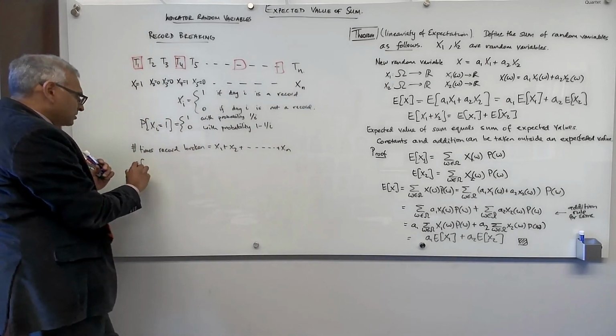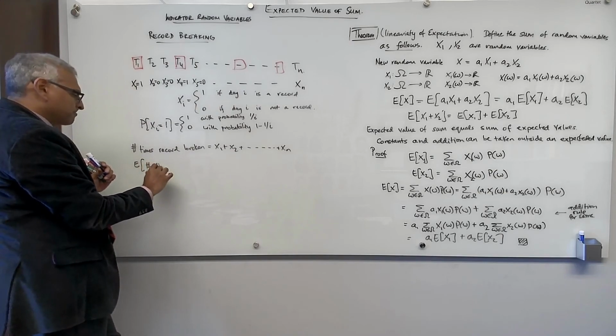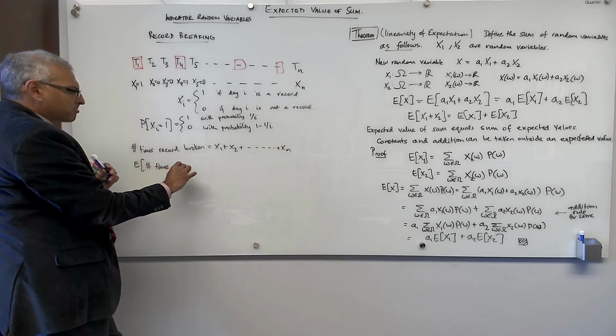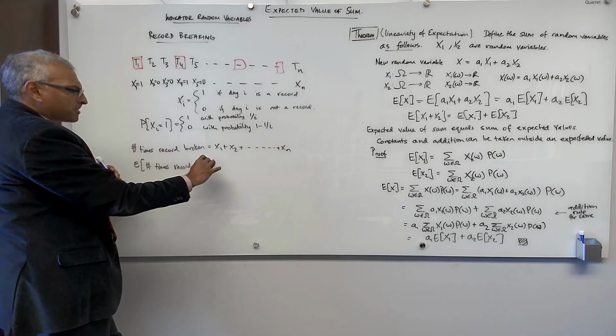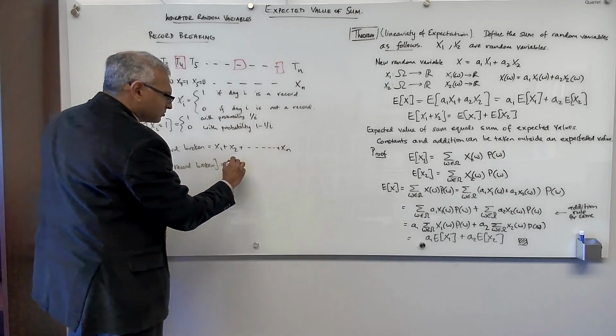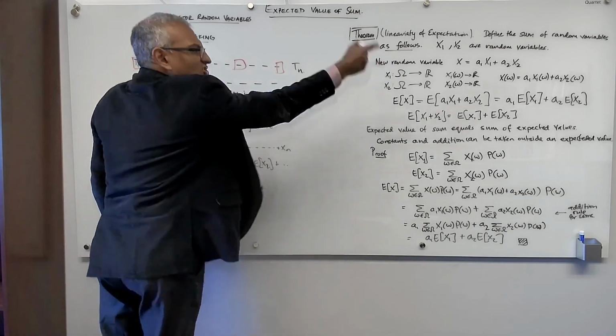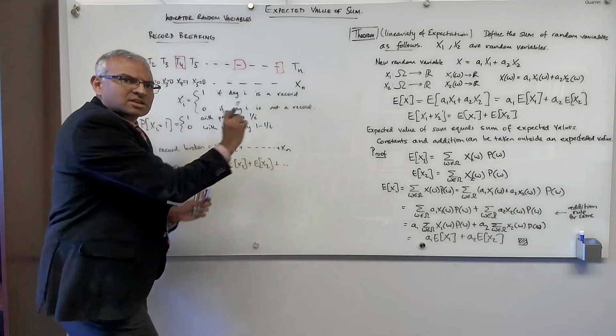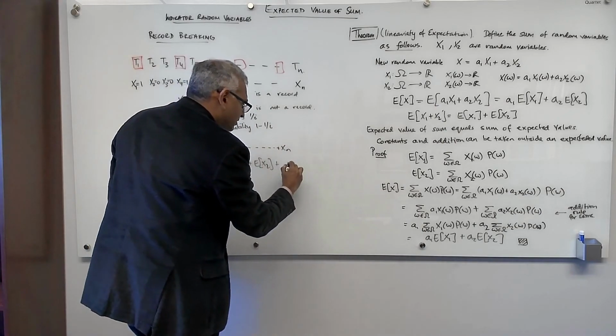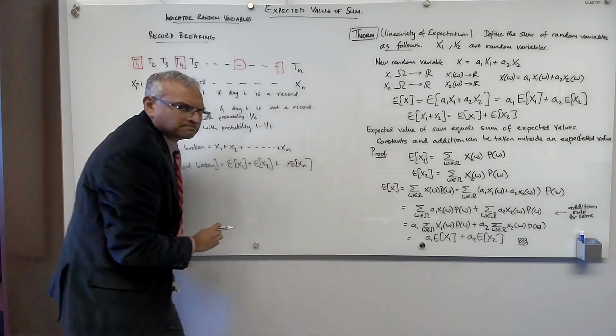So the expected number of times the record is broken is equal to the expected value of x_1 plus the expected value of x_2, that's the theorem at work, the expected value of a sum is the sum of expected values, plus the expected value of x_n.